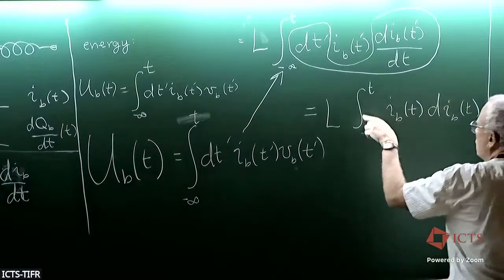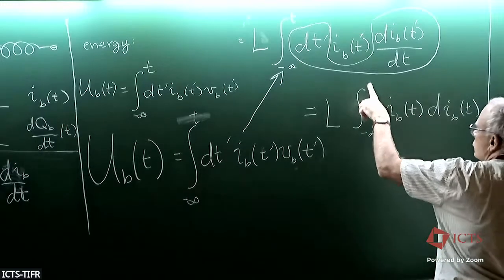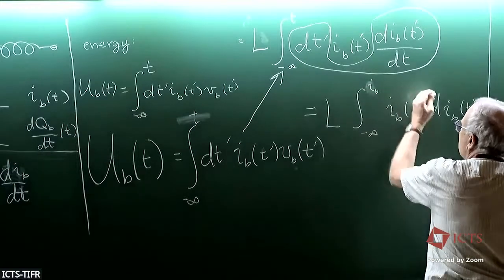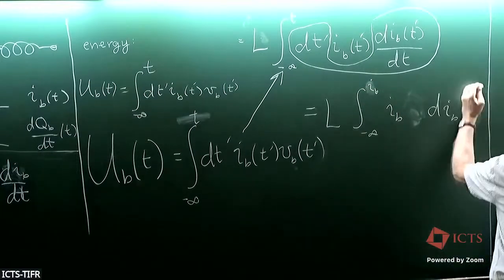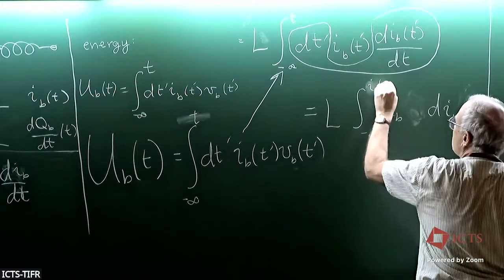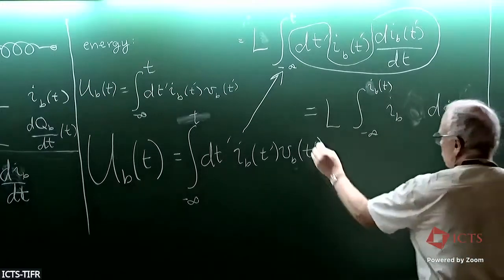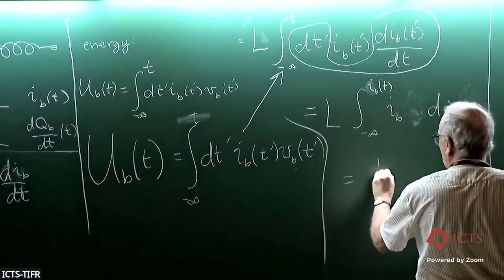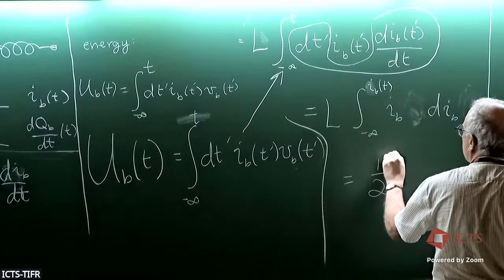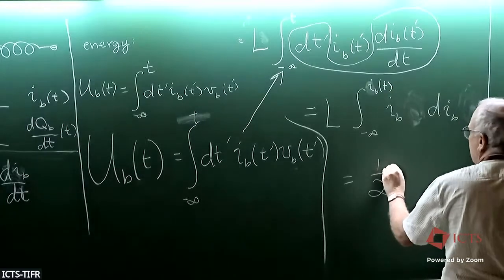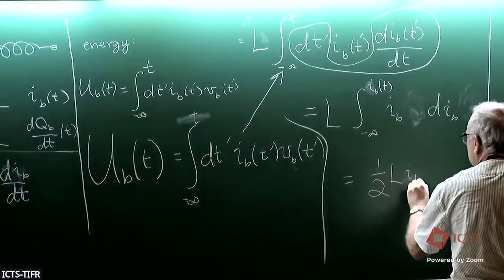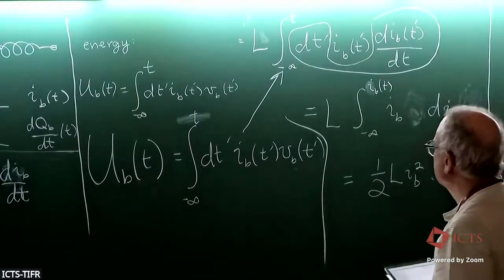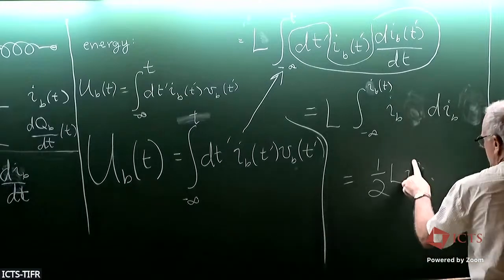But I'm changing the integration variable, so this integral should now be over I_B, and I have I_B at the current time. This integral I can do, and that says it's equal to 1/2 L times I_B squared.